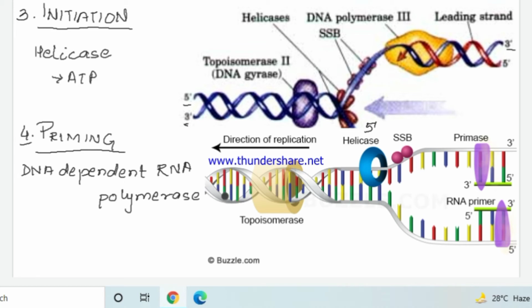DNA dependent RNA polymerase, or simply called primase, catalyzes the formation of the RNA primer, a short nucleotide strand of RNA about 6 to 10 nucleotides long.